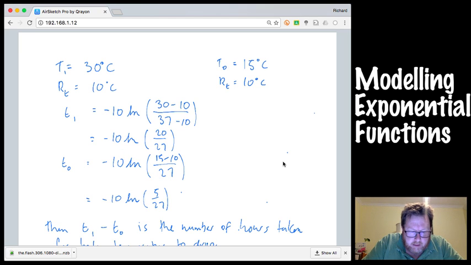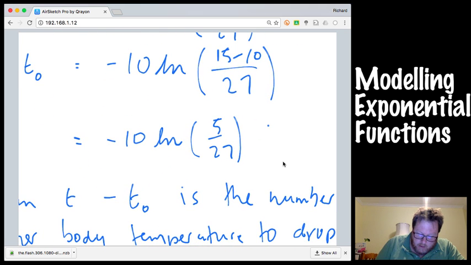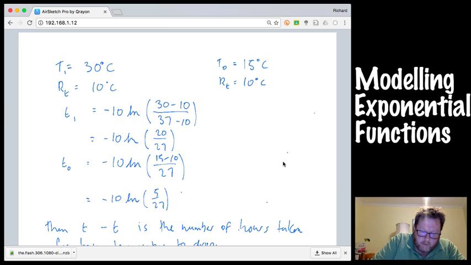In fact, thinking on that further, it's probably better if I use the other way around. So T0 minus T1, like so, is probably better. What does that look like?